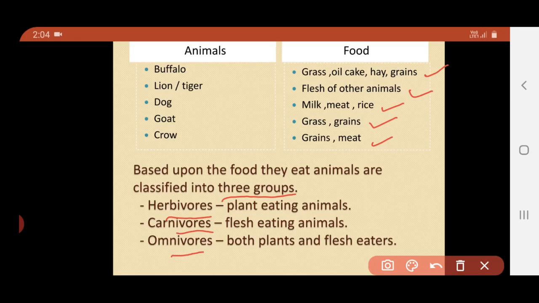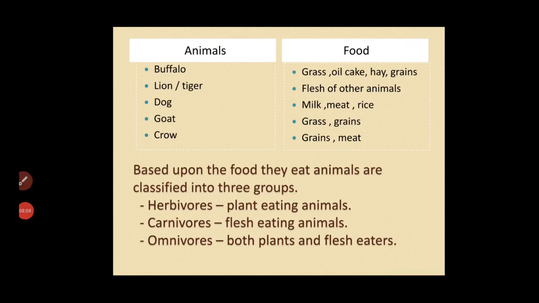Next, dog, milk, meat and rice. So it is both plant and animal source. It comes under the category omnivore. Goat, grass and grains. It is only the plant source, so it comes under the category herbivore. Crow, grains and meat. So it is both plant and flesh eaters, so it comes under the category of omnivores. Now you are very clear with these topics, right?